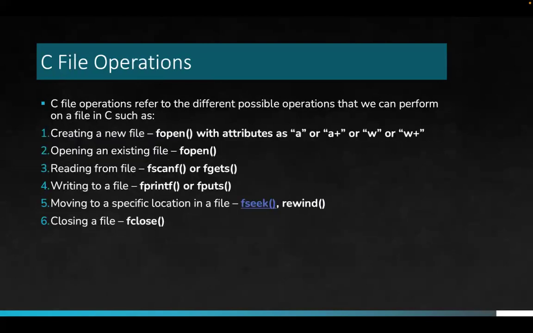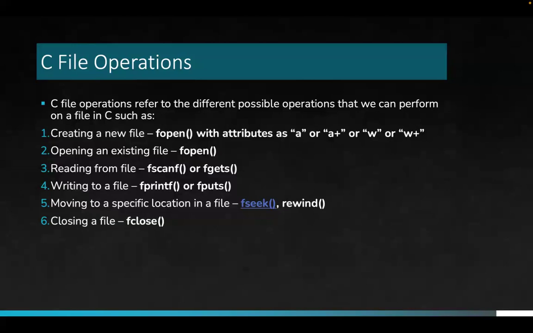And what are the file operations we can perform in C? The inbuilt file operations can be referred to in the below format. You can use the function fopen to open a file. Now, what are the different modes in which you can open the file?